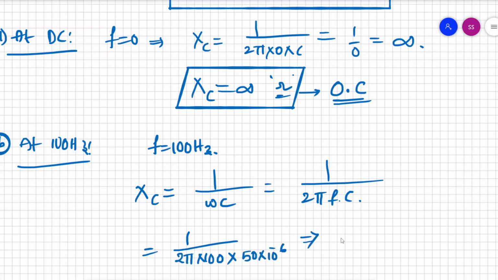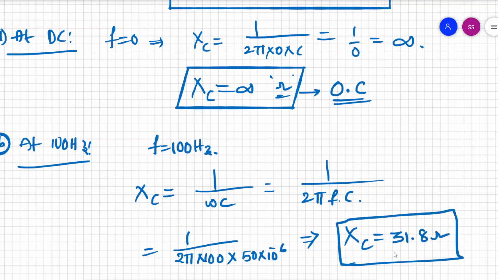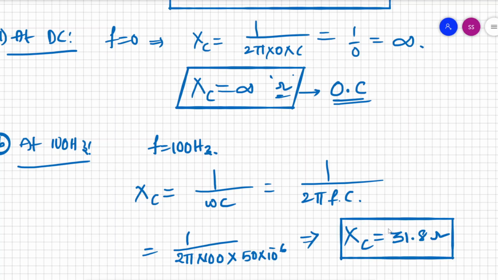So if you calculate this, XC will come up to 31.8 ohms. So this is the value of capacitive reactance for 100 Hz frequency. So it was infinite for DC supply, but it is 31.8 ohms for AC supply. Okay, so these are the few problems. Okay, thank you.